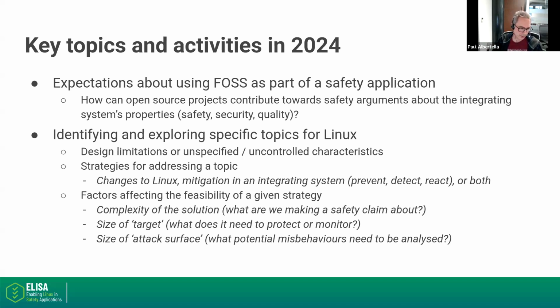So if you have some particular feature about managing security vulnerabilities that you want to use, or you might want to use the mandatory access control features of Linux to control something, the complexity of the solution that you're using might actually make it more difficult for you to make an argument about it.